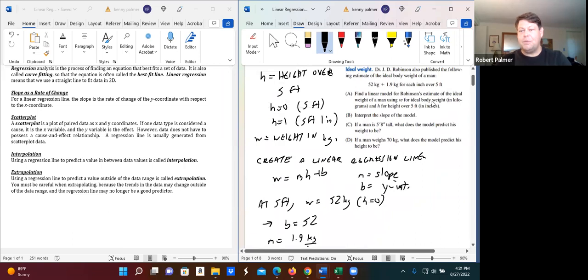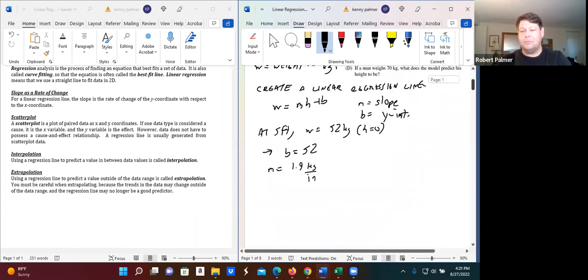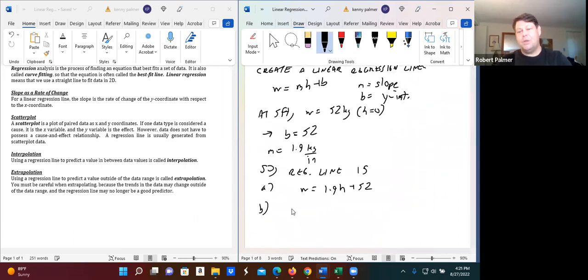Part B says interpret the slope of the model. The slope, M, which I'll just repeat, is 1.9 kilograms per inch.